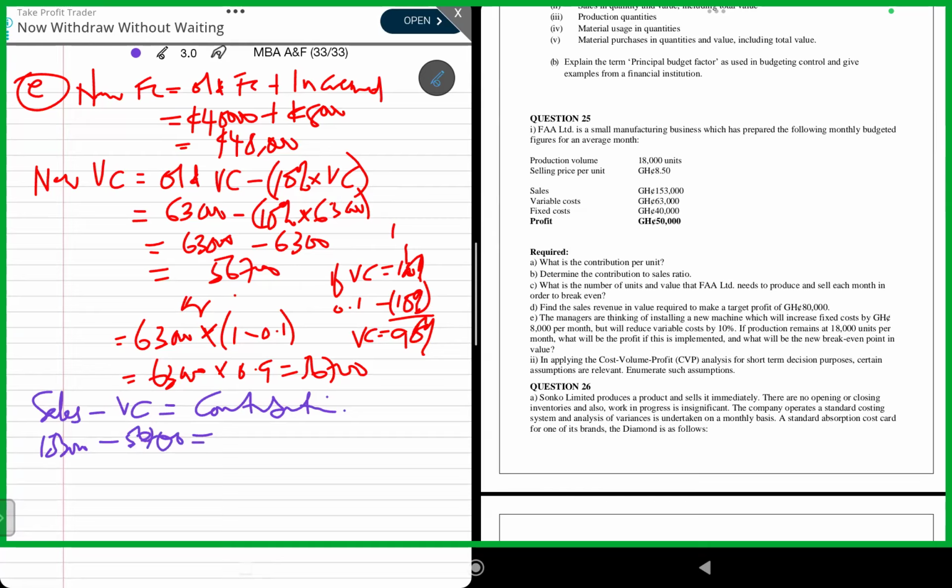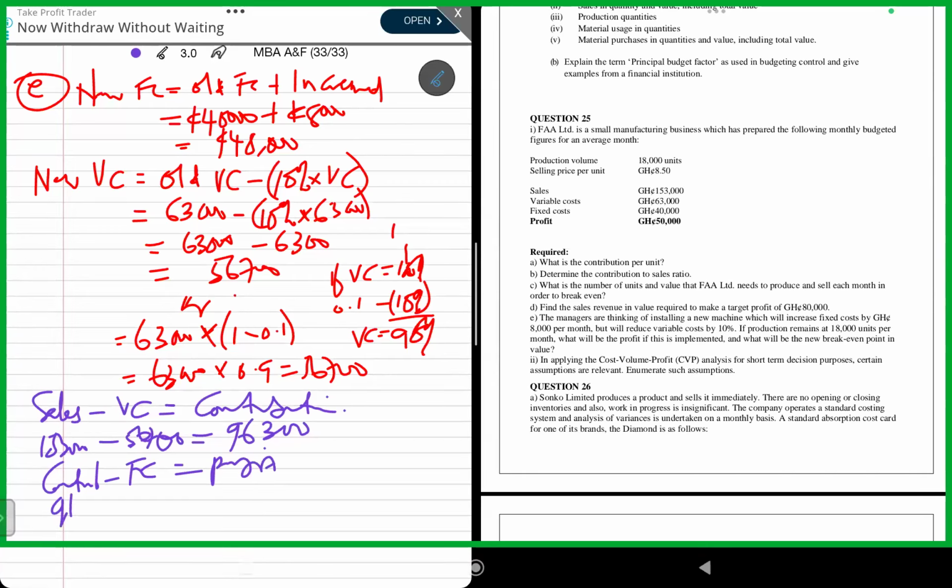What's the contribution? 153,000 minus 156,700 minus 5,600. 9,600. Then we'll say contribution minus fixed costs equals profits.